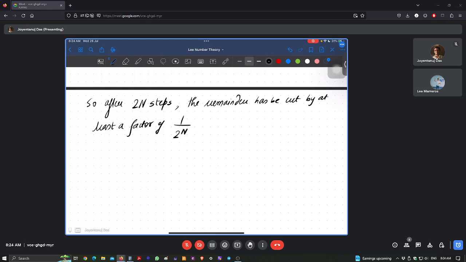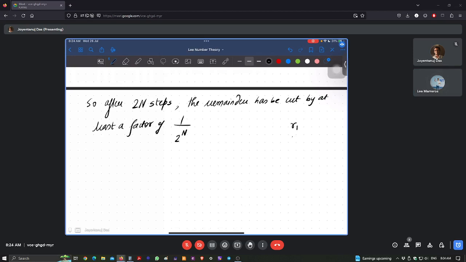Because there are 2n steps, it is at least a factor of 1 by 2 power n, right? Sorry, I don't understand that part. Okay, let me tell you.